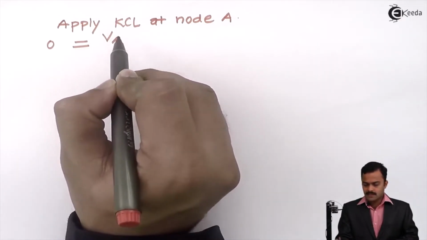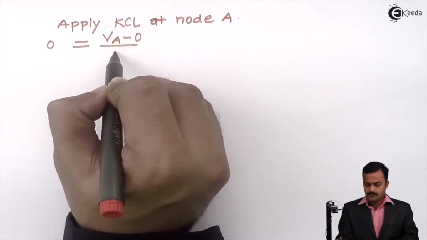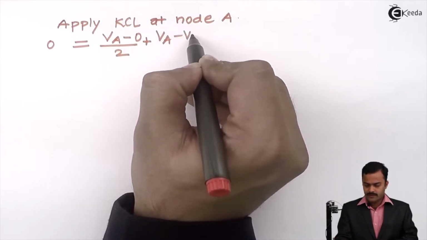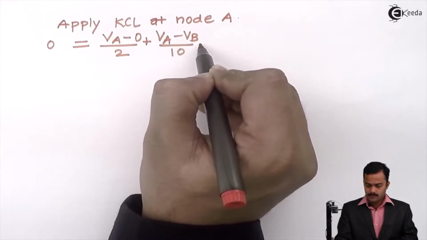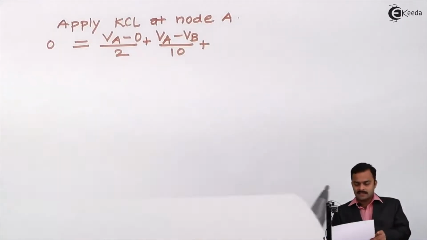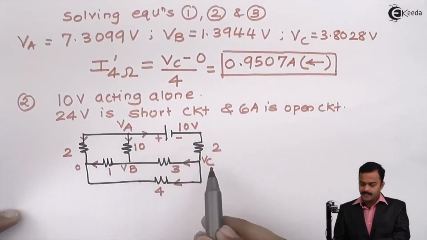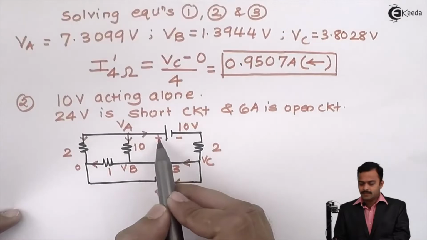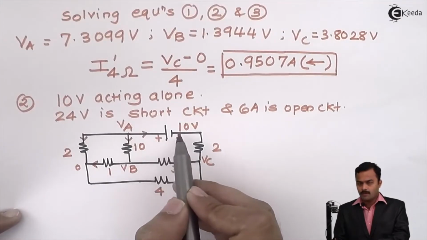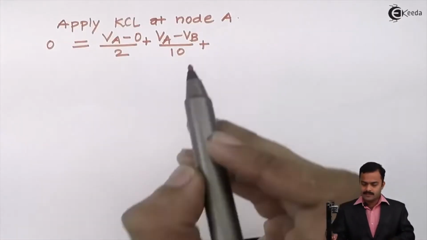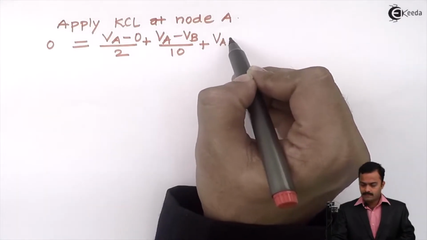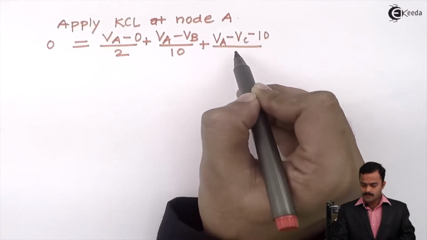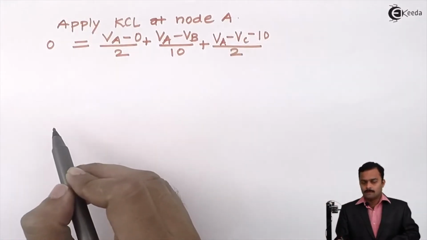The remaining branch currents are (VA minus 0) divided by 2, plus (VA minus VB) divided by 10, plus the third branch current, started at A and ending on C. In the current direction it is changing plus to minus, so it's a voltage drop of 10 volt. Keeping this in mind, I will get (VA minus VC minus 10) divided by the resistance, 2 ohm.